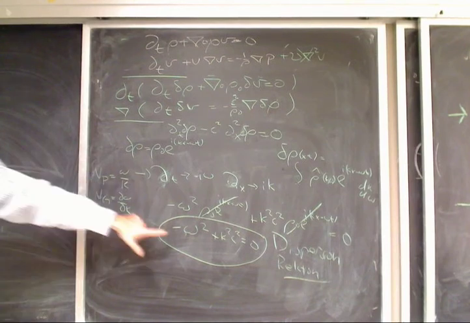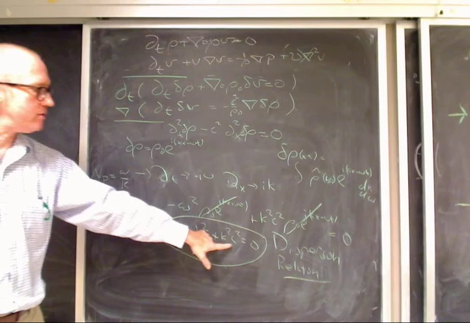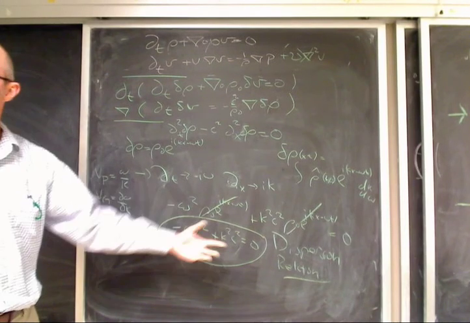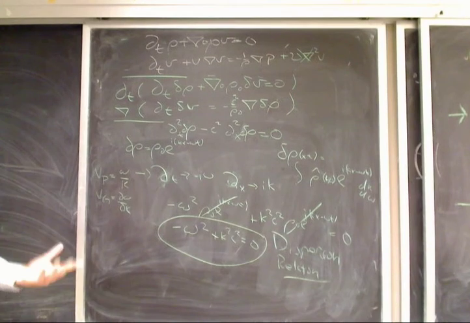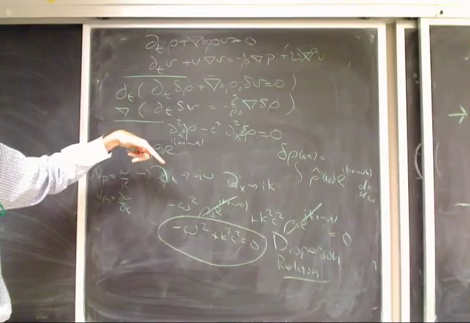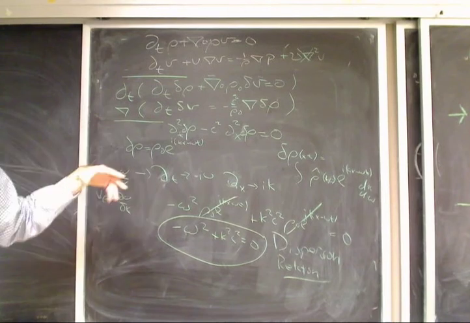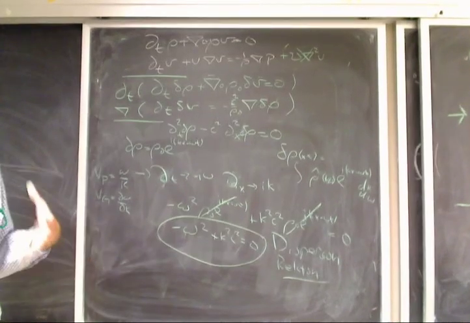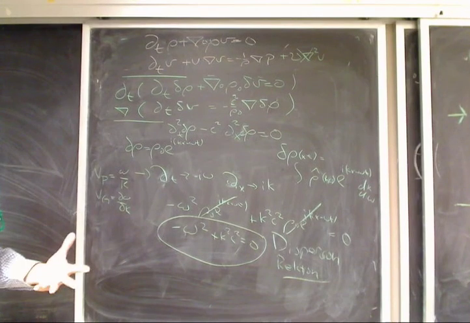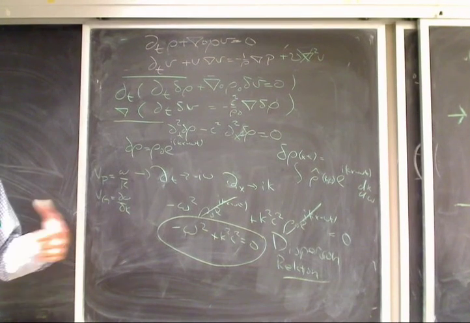If I divide omega by k, I'm just left with c. So my phase speed is just c. That's the sound speed. So the speed of this wave is c, which we got a page earlier. c is dp d rho. Turns out that's the speed of sound. If you think about that, dp d rho goes like the speed of sound because that's the pressure force versus the inertia force.